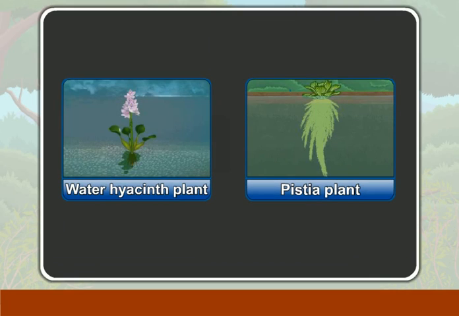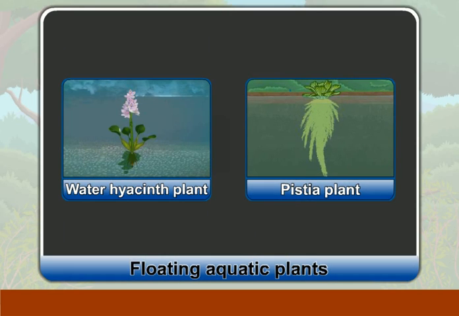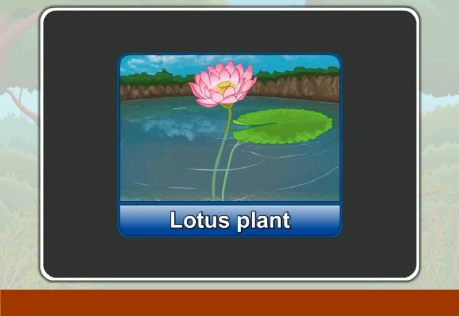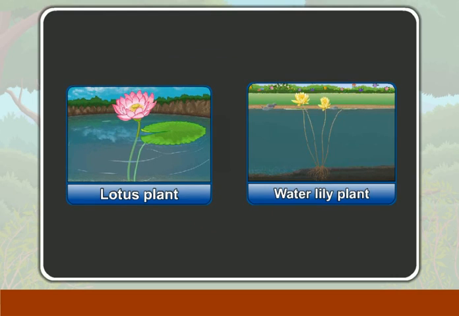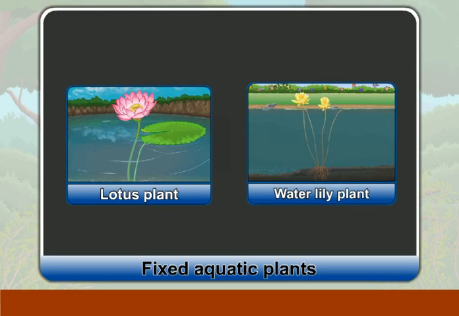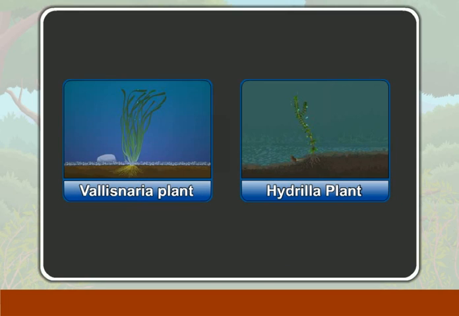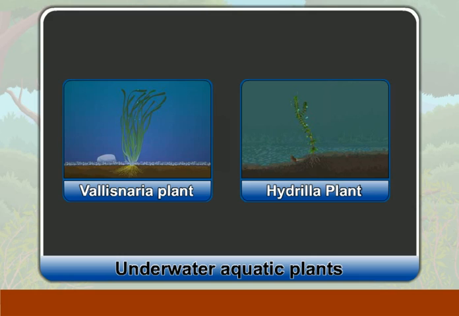Plants like a water hyacinth and a pistia are floating aquatic plants. Plants like a lotus and a water lily are fixed aquatic plants. Plants like a vallisneria and a hydrilla are underwater aquatic plants.